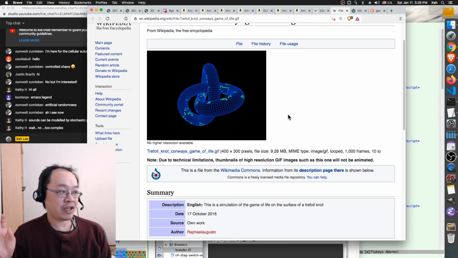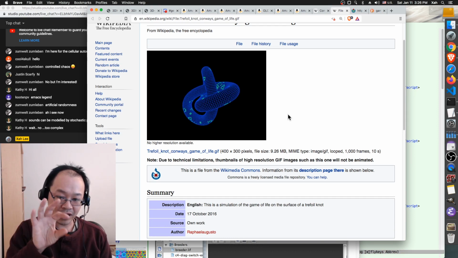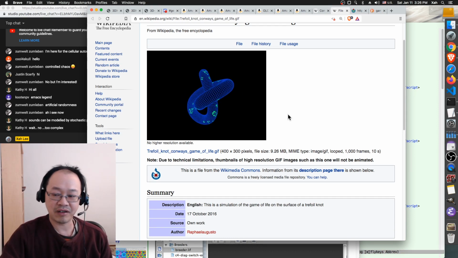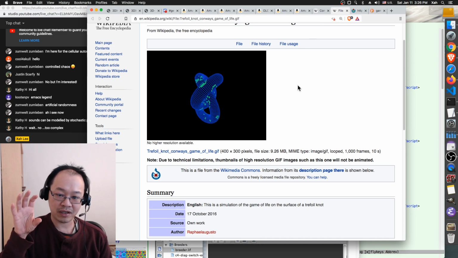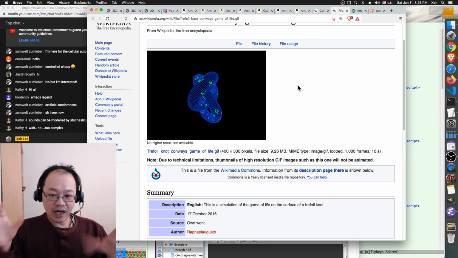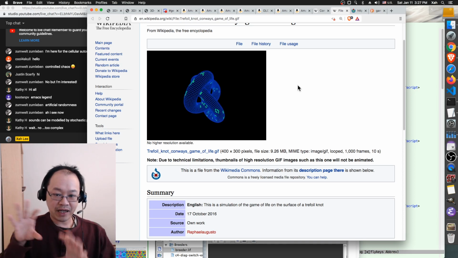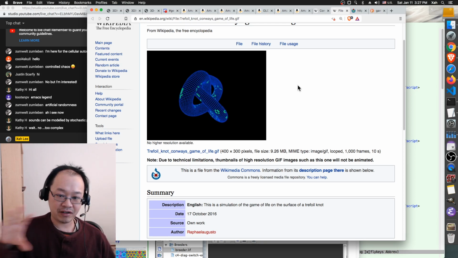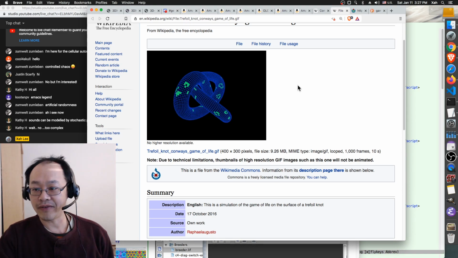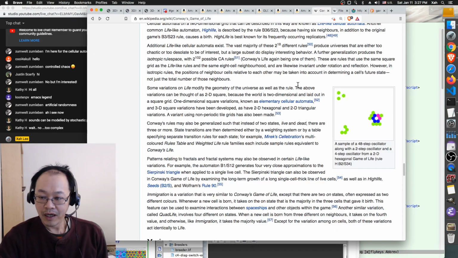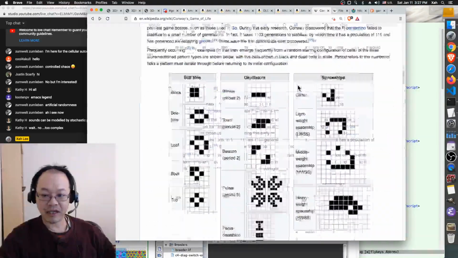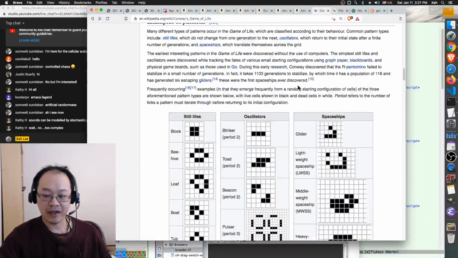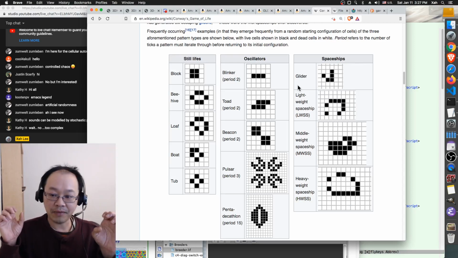Now remember, the thing to remember is that how they move is all deterministic. So it's extremely fascinating. You see, by these simple rules, you have this pattern. It seems to have a life by itself. This kind of thing is called cellular automata.